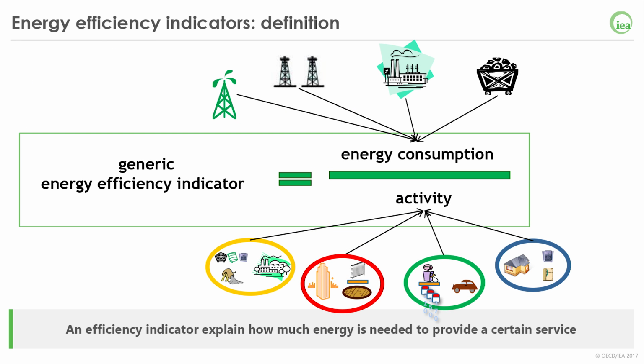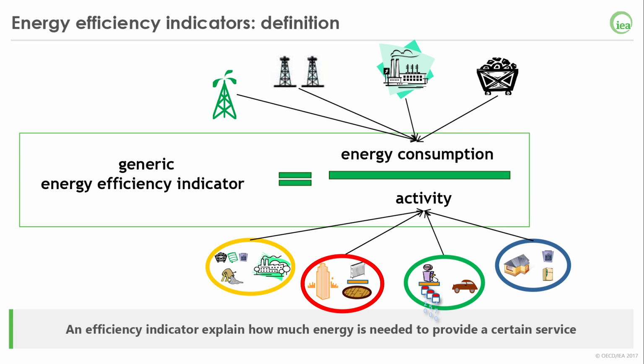But what is actually energy efficiency? According to the IEA Manual on Energy Efficiency Indicators, an energy efficiency indicator is defined as a ratio of energy consumption, namely a sum of all fuels consumed to produce a certain service or commodity, and corresponding activity data.